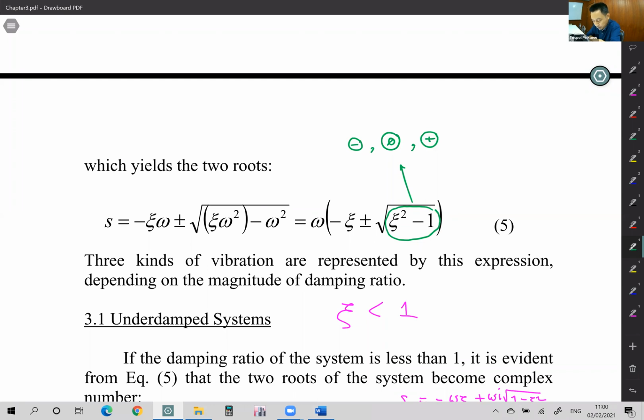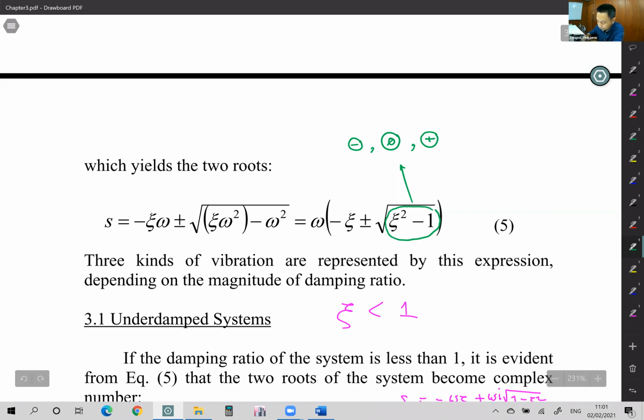The first possibility of the solution looks like this, the case that most civil engineering structures belong to: psi squared minus 1 less than 0. Most buildings, most bridges fall into this category where psi squared minus 1 is a negative number.